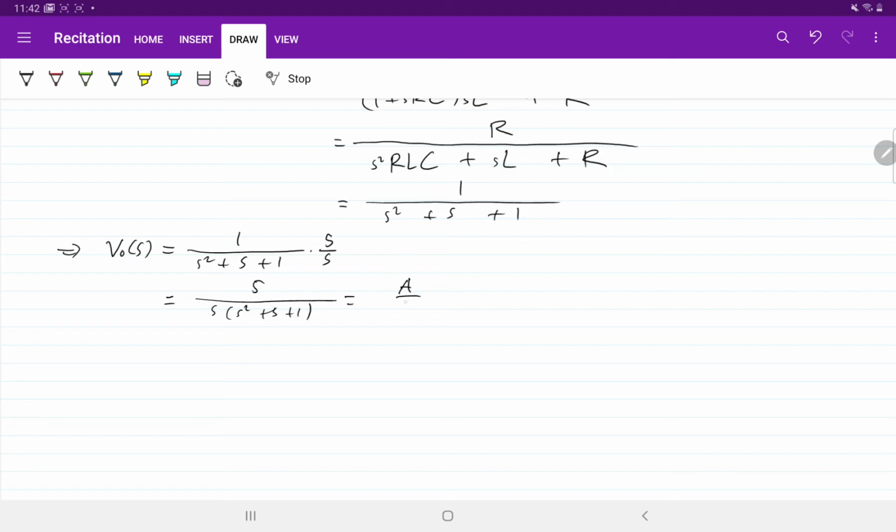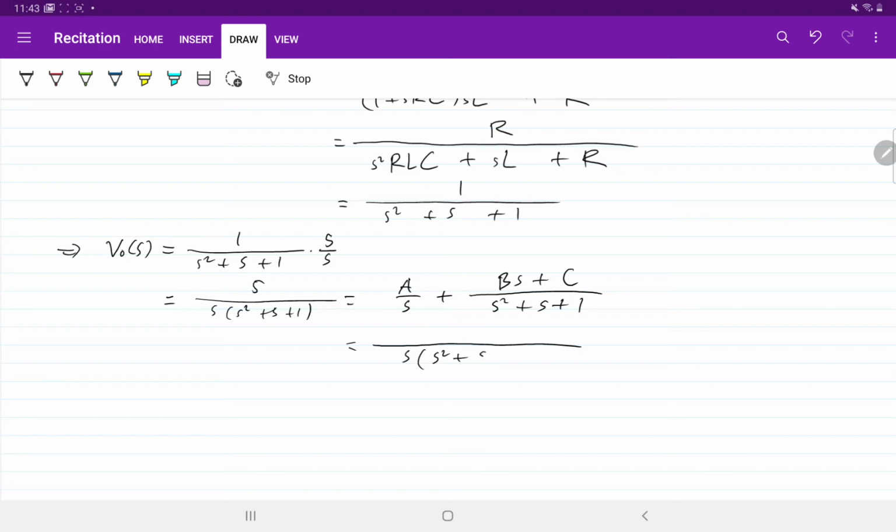So let's do that. So A over S plus, for the denominator S squared plus S plus 1, the term here is BS plus C. So we need to find these constants A, B, C. I hope you still remember how to do that. So let's cross multiply.